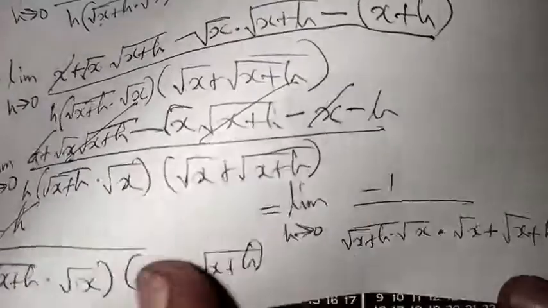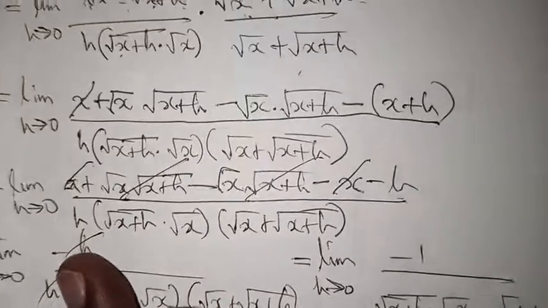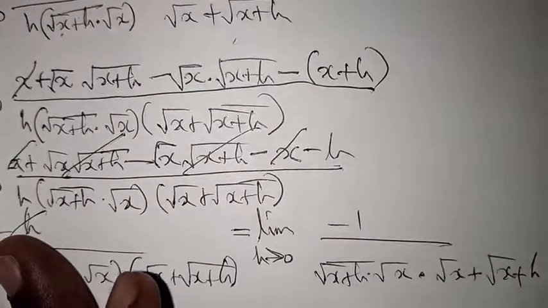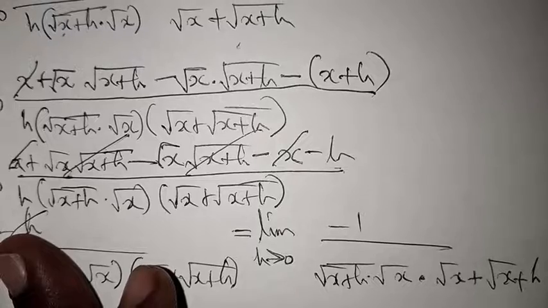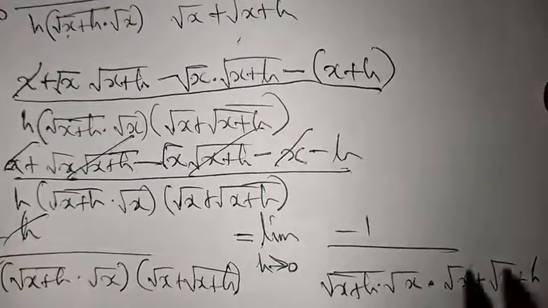Now where we've reached here, what we're simply going to do is wherever there is h, we're going to substitute with a 0. Because of space, allow me to write this part here.